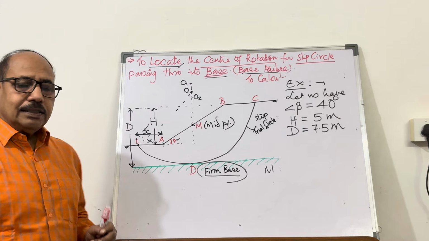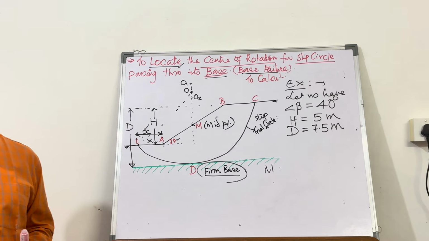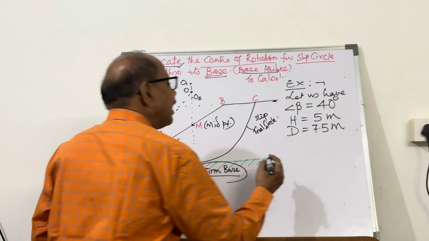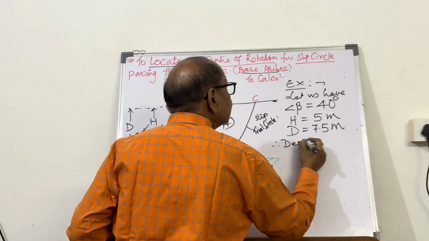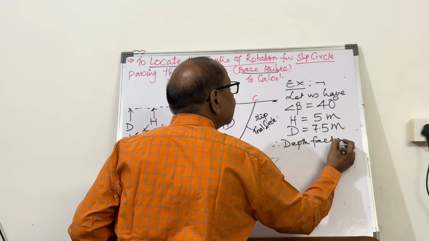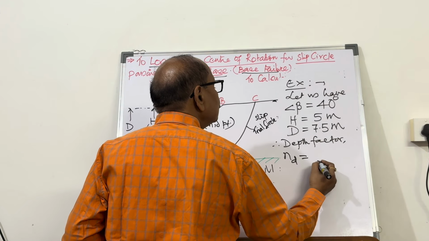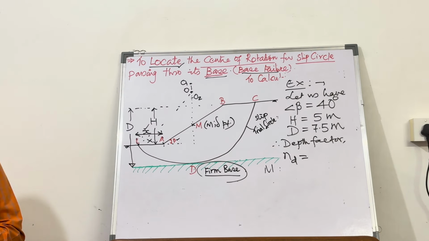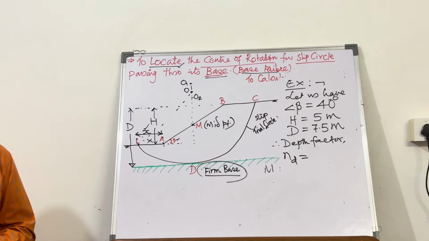So total D equal to 7.5 meter. Now you can easily find out the depth factor. Therefore, you can calculate the depth factor ND, which is equal to, as you all know, D upon H. So friends, please calculate the value of depth factor.